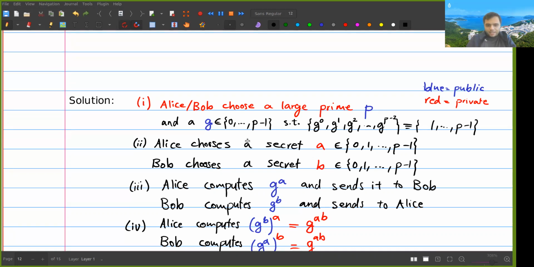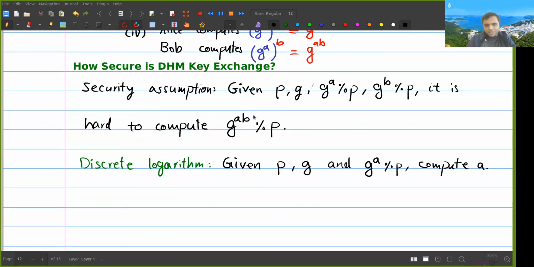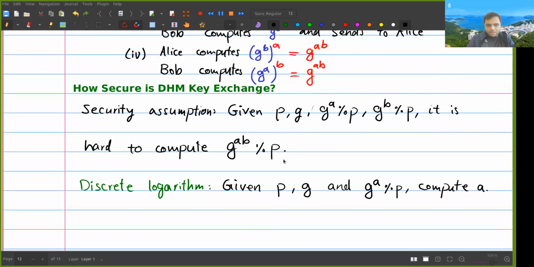Because again, this thing is hard in general, but it might be easy for specific values of G or for specific values of P, let's say. So for example, one case is if P is very close to a power of 2, there are some algorithms that break this.